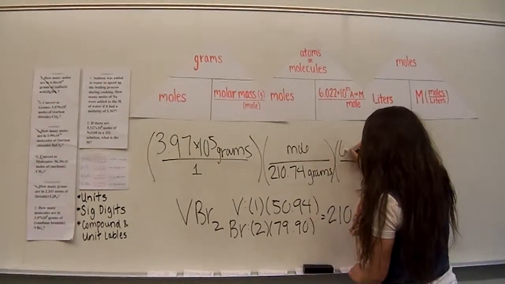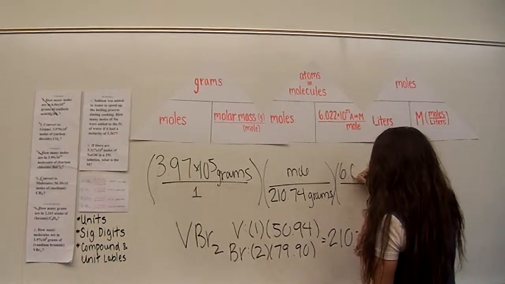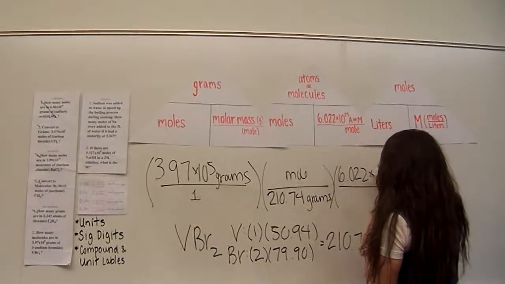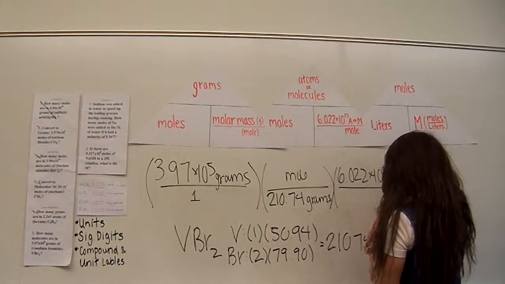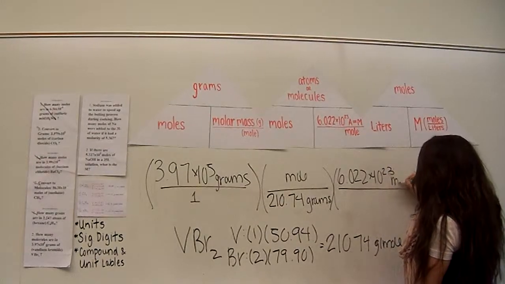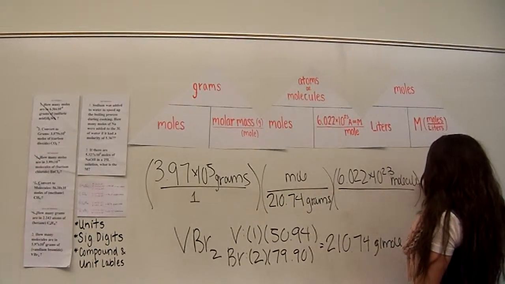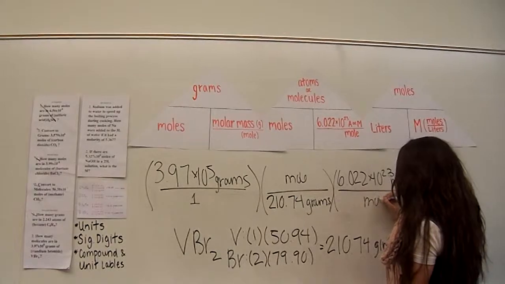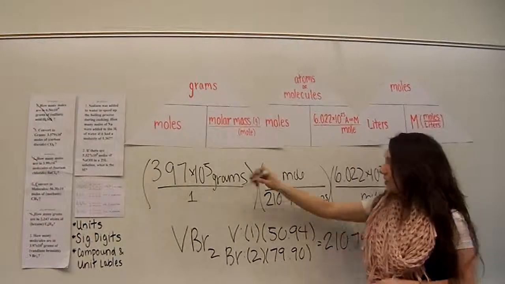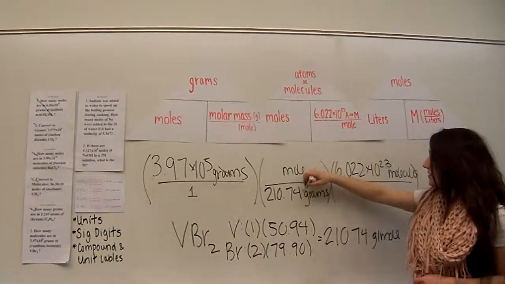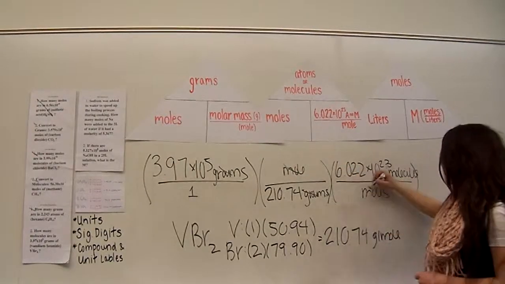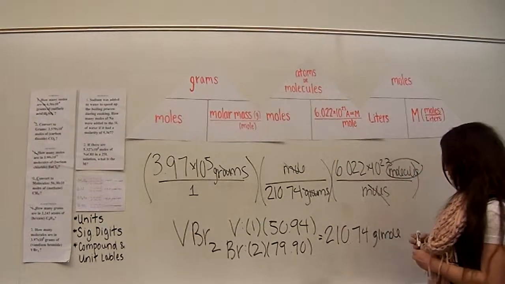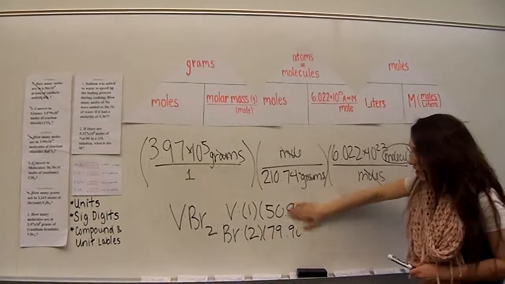We will write the constant on the top, which is 6.022 times 10 to the 23rd. We will be writing molecules on the top and moles on the bottom. Grams will cancel out grams, moles will cancel out moles, and we will be left with molecules, which is what we want for our final answer.